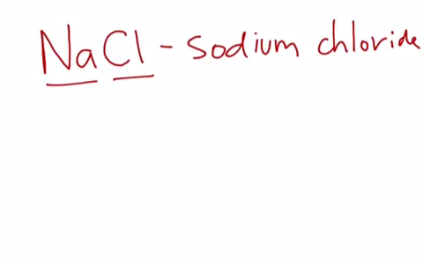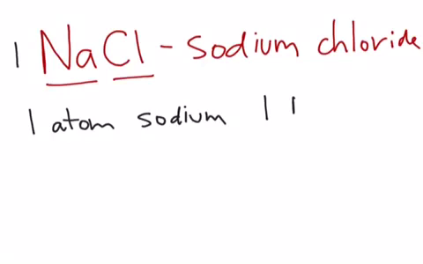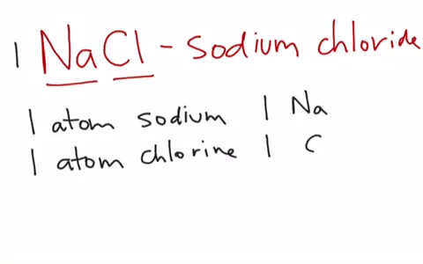So you can see here that one molecule of sodium chloride, NaCl, contains one atom of sodium, one Na. Na is the chemical symbol for a sodium atom, and one atom of chlorine, one Cl. Cl is the chemical symbol for chlorine.